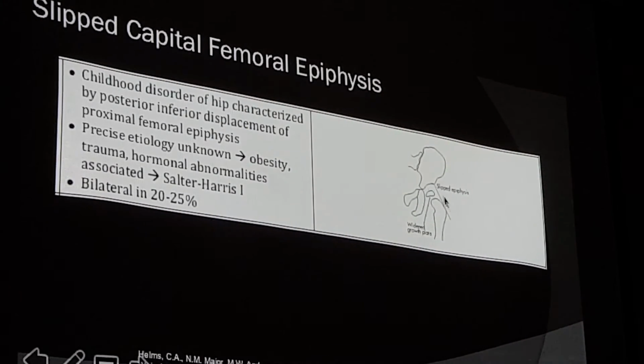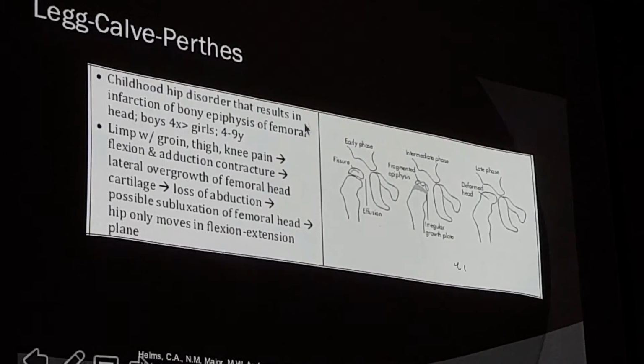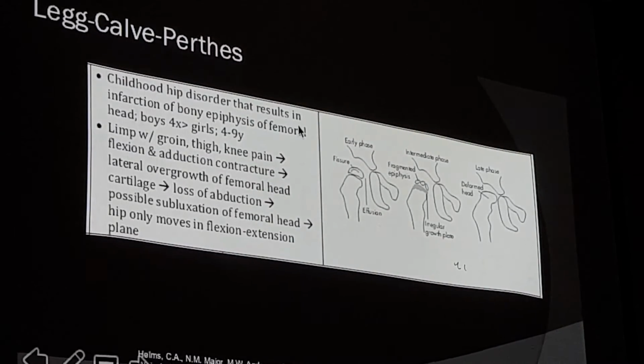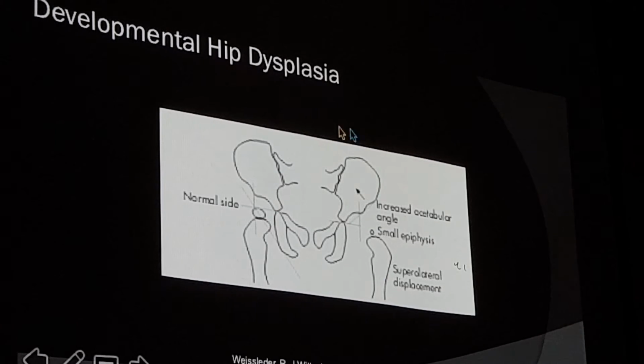In slightly older boys, particularly the obese patients, we have what we call slipped capital femoral epiphysis. There is slippage of the epiphysis. So this is basically a Salter-Harris type 1 fracture. So this one is young patients around 4 years old going towards teens. This one is infants.